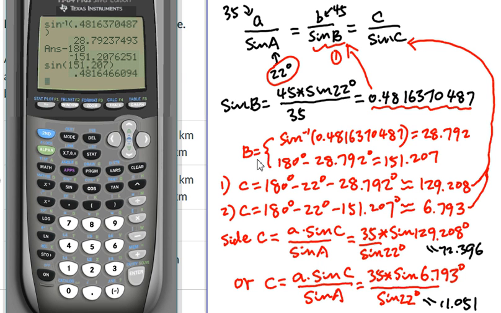Anyway, now B has two possibilities. Both go with 22 degrees.